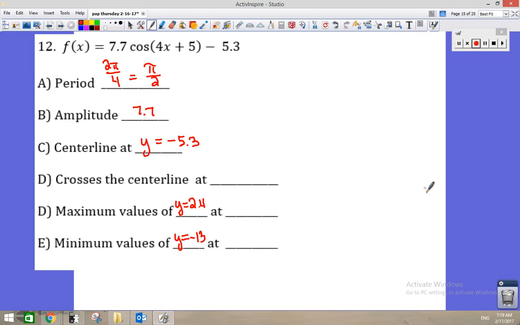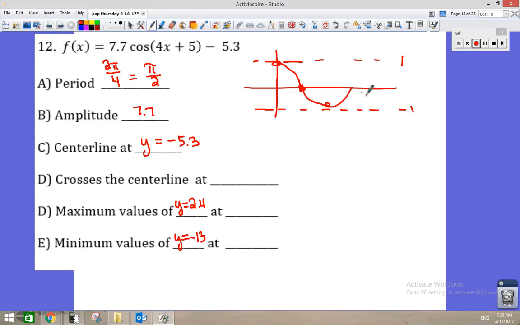All right, so let's sketch our basic cosine curve. It's between 1 and negative 1. I know I'm crossing the center line if the input into this function is pi over 2.